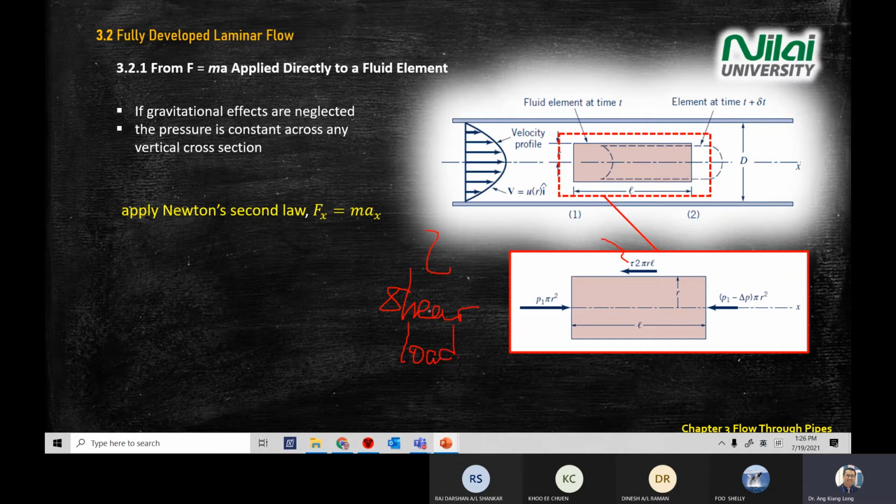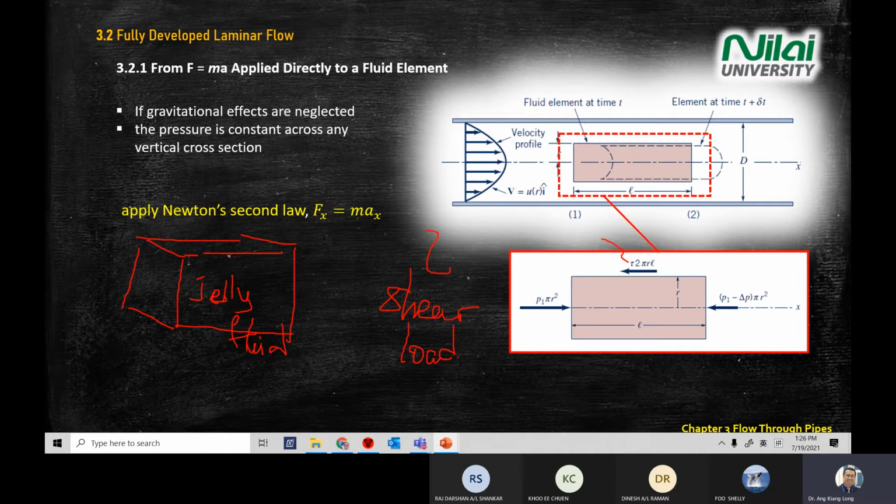What do I mean by shear? Let's say you are making a jelly.